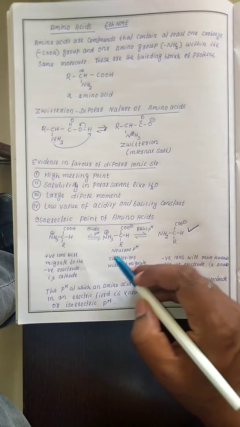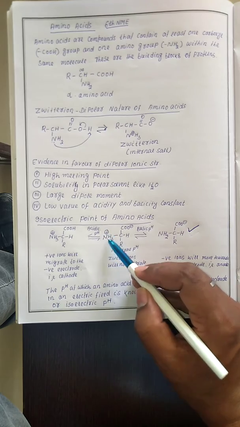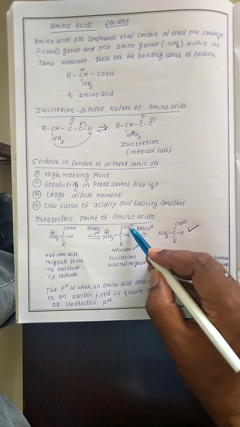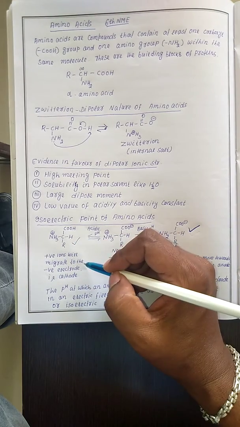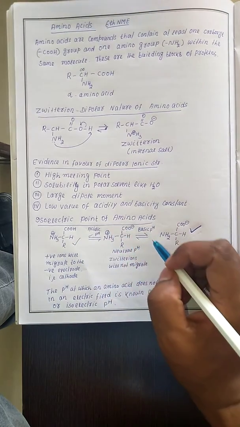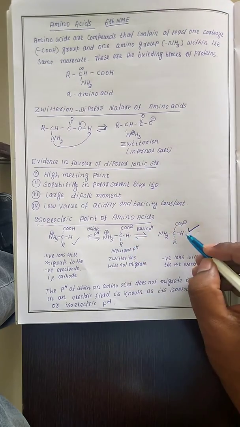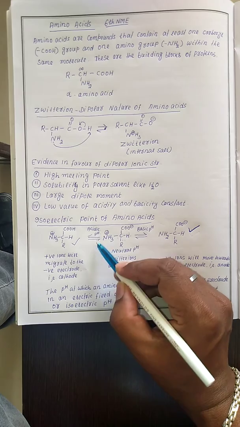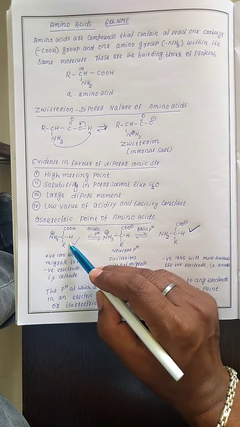In acidic pH, if you use an acid, the carboxylate ion will accept a proton and form a cation. So the important thing here is that in basic pH, the neutral amino acid will form an anion, and in acidic pH, it will form a cation.